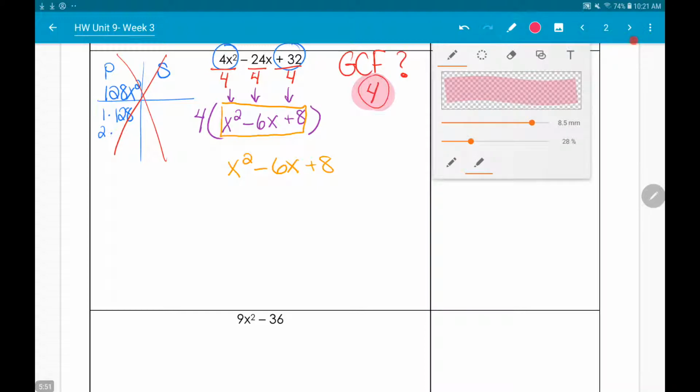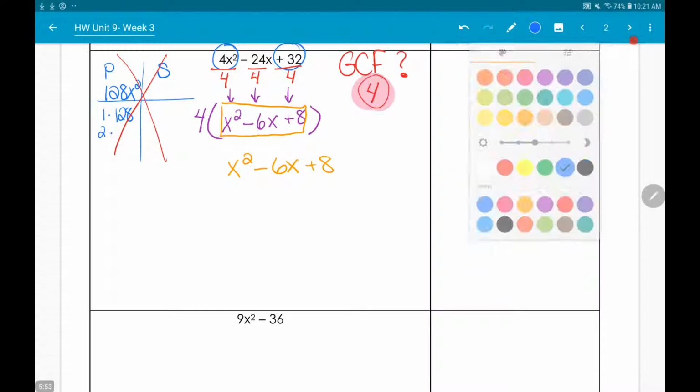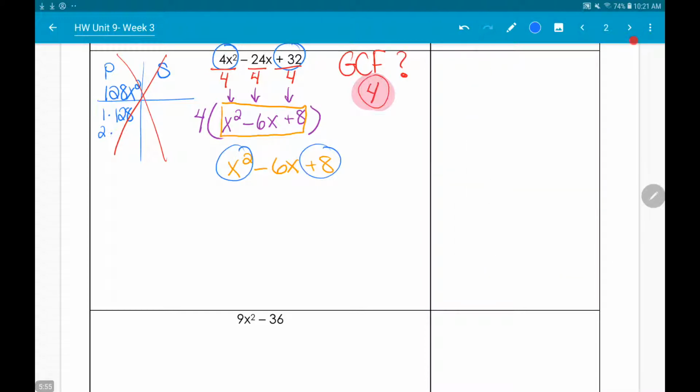With my smaller trinomial, I can now do my product sum, and I'm going to get smaller numbers, so it's going to be easier to work with. Now I only get 8x squared and negative 6x. That's much easier than working with 128 and negative 24. Go ahead and list the factors.